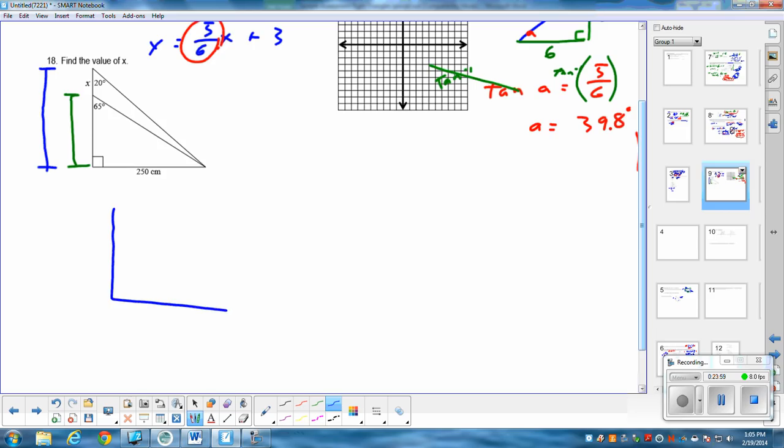So looking at the big triangle, we know that's 250 centimeters. And this is 20 degrees. Let's call this A. In this triangle, 250 centimeters is opposite.